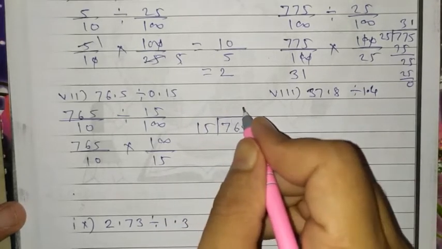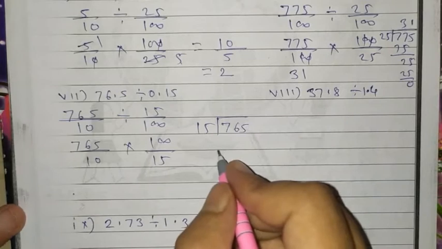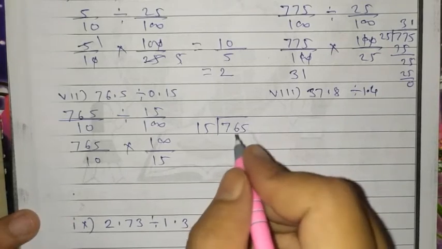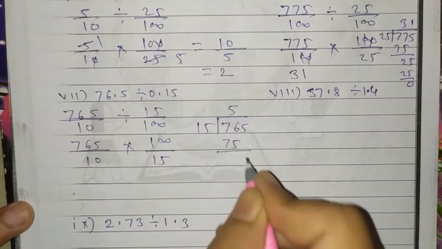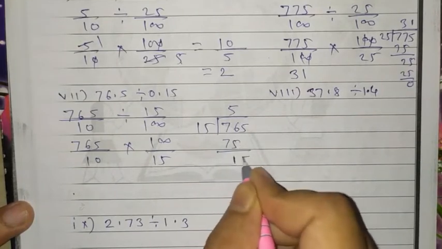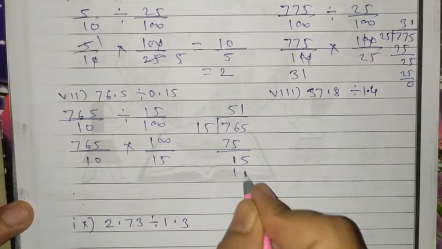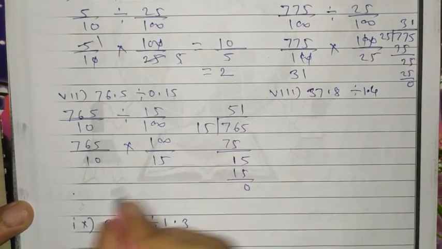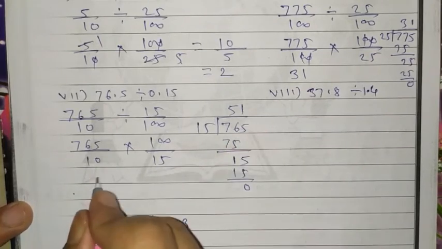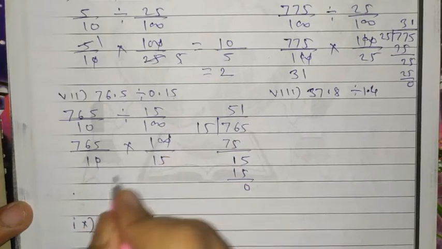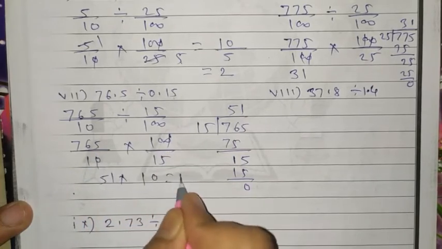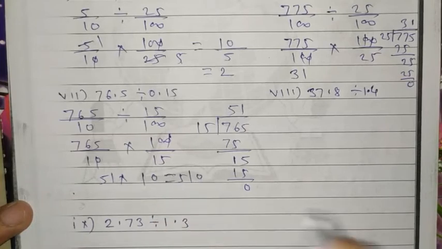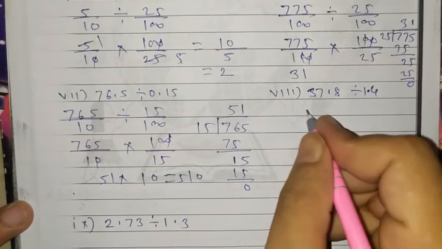So 15 into 4 is 60. So 15 into 5 is 75. Here the remainder is 1. 15 into 1 is 15, 0. So here the answer is 51 and here 0 0 cut. So here it is 51 into the remaining number 10. So it is 510. Next question.